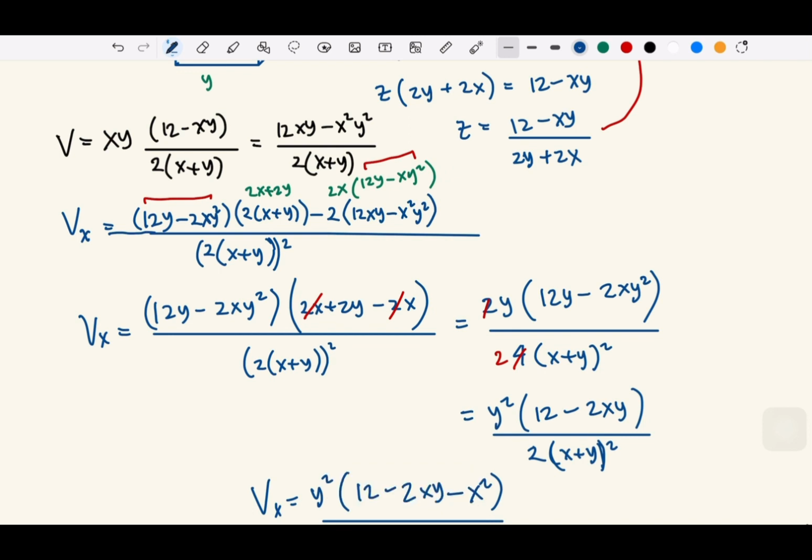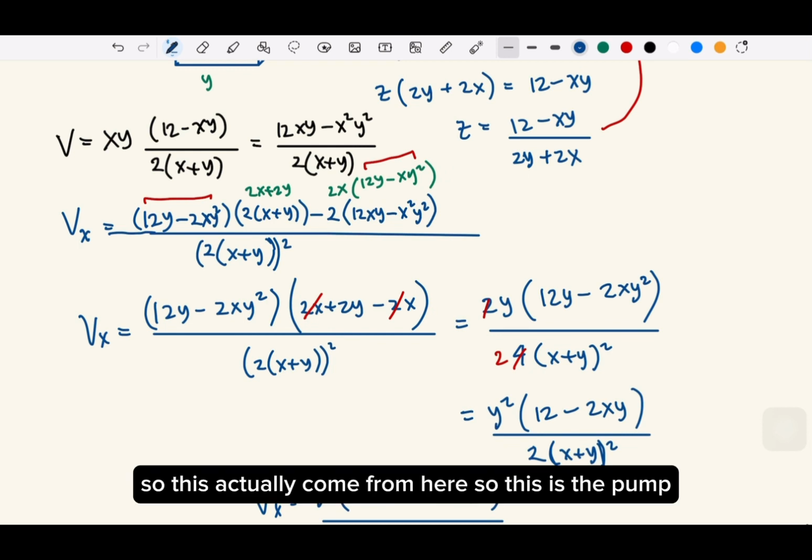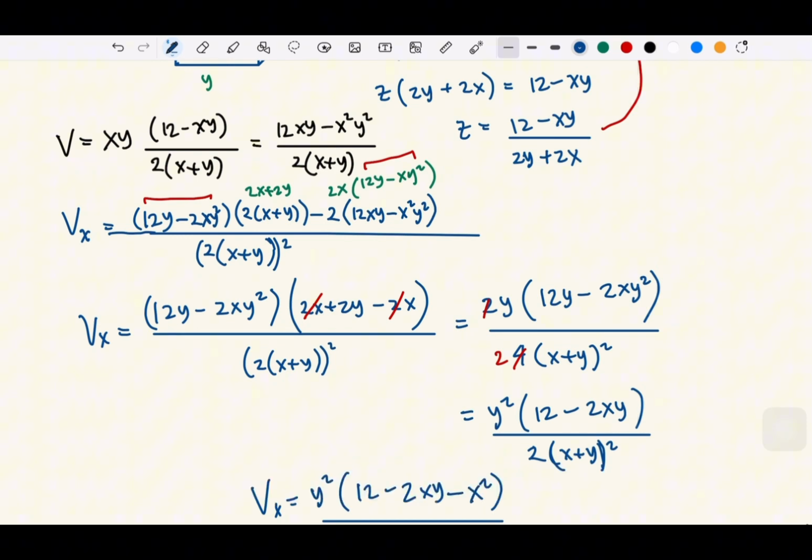No, I mean this one is from differentiating this and then multiply with this. So this actually comes from here. So this is the top. Multiply with the derivative of this, right? Yeah. And I move the x outside here, becomes y, and then this x. So how does this come from? Oh, wait. You put this here and use this way. Yeah, 12x plus 2y minus. But this is not the same. Is that right? Oh yeah. Ah, okay, got it.